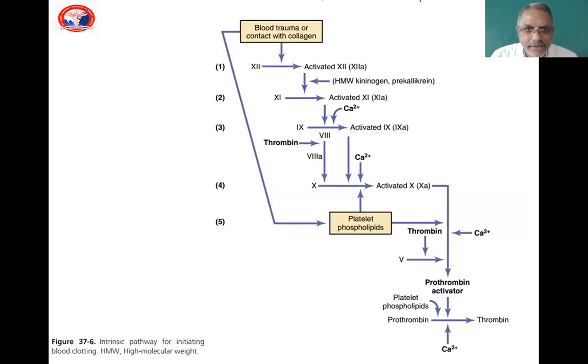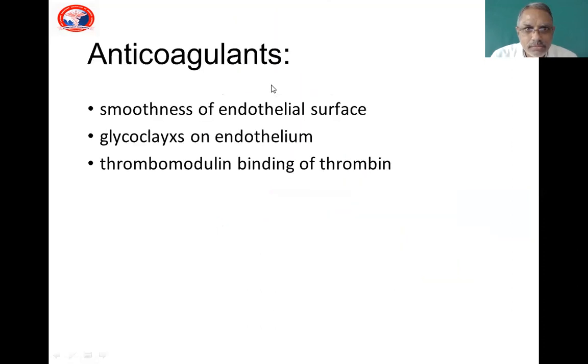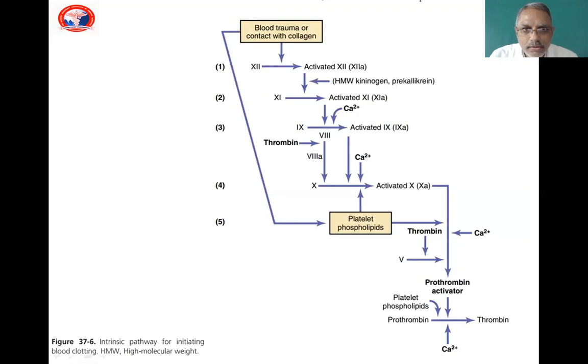The intrinsic pathway for initiating blood clotting: blood trauma is important, with contact activation. Factor 12 to activated factor 12, then 11 to 11A, 9 to 9A, and then factor 8 to 8A.